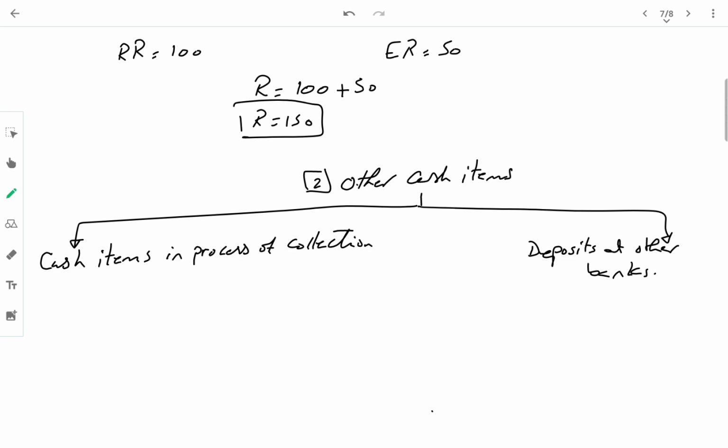Cash items in process of collection are checks written on accounts in other banks, deposited in the bank, but funds haven't yet been collected.